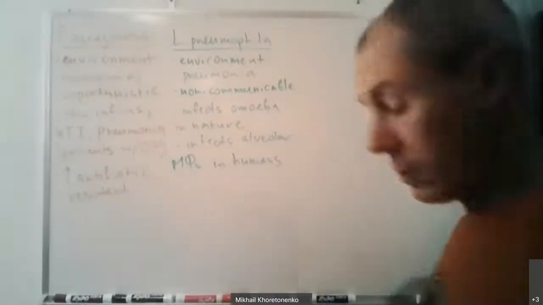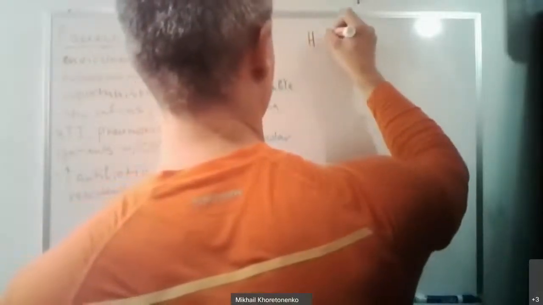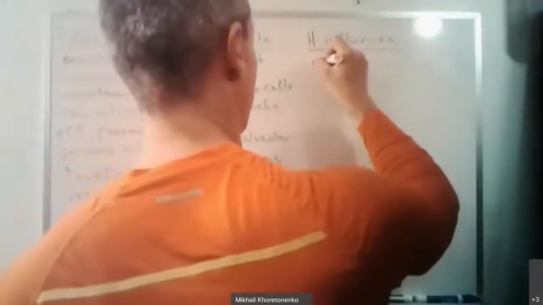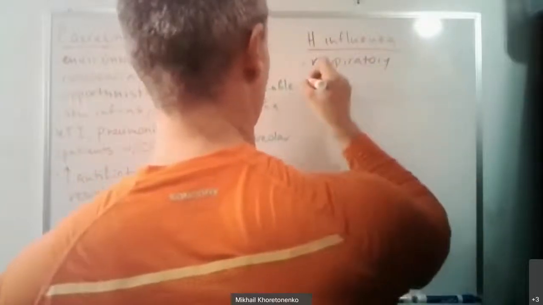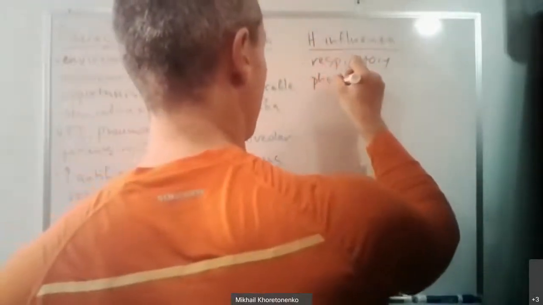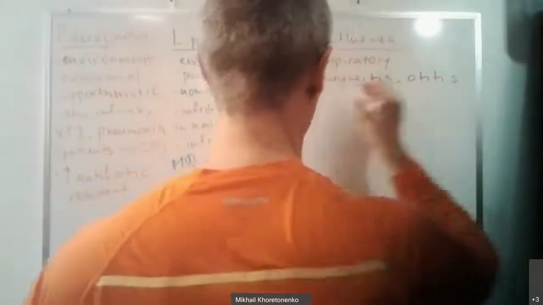So, third microorganism on that improvised list here is Haemophilus influenzae. Haemophilus influenzae is a respiratory transmitted human pathogen, and it can cause pharyngitis, which is less frequent, because it can cause otitis media, so infection of an inner ear.